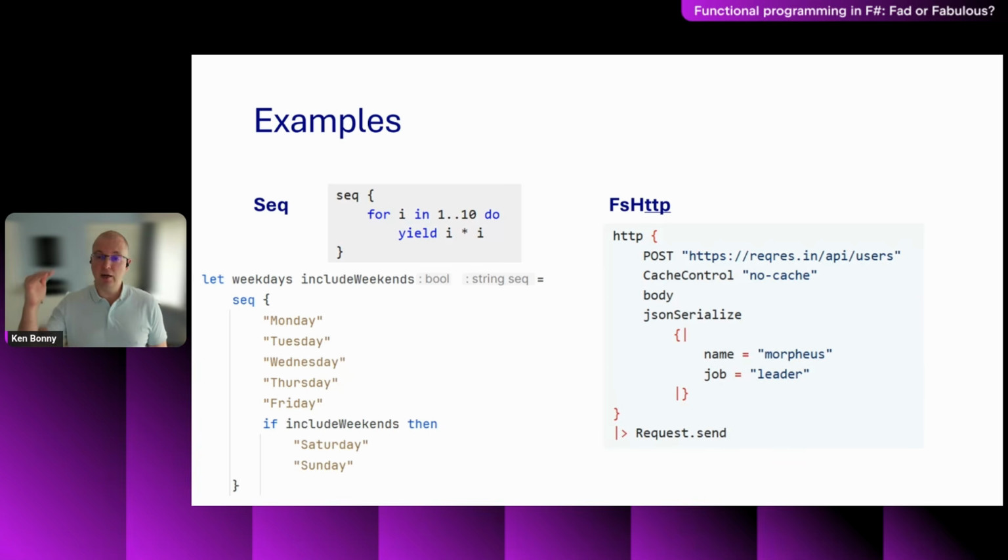We can very easily add headers and tell it to add a body, which uses JSON as serialization, and we can pass it an object. Lastly, we'll pipe it on to the request.send functionality and we'll send it out over the network. It reads very fluently, it reads very nicely, and I will be going deeper on the pipe a little later.